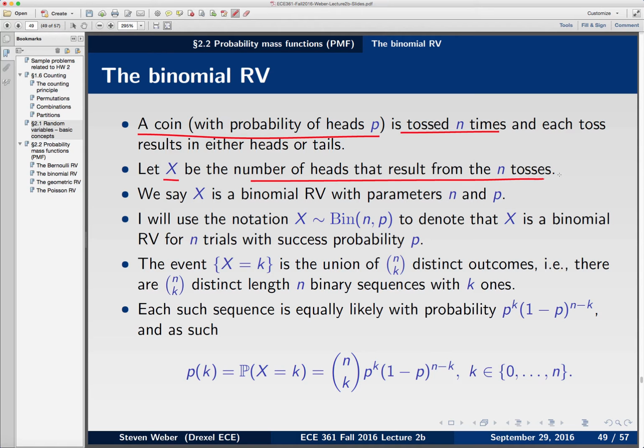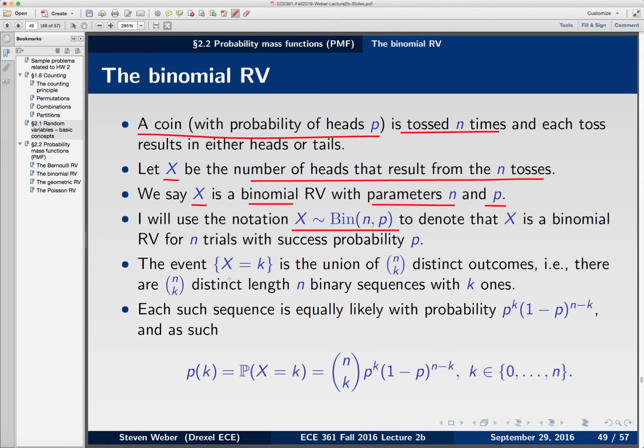And what I care about is the number of successes in those n trials. That random number of successes is going to be a binomial random variable. And we say that that random variable x is binomial with parameters n, the number of trials, and p, the probability of success in each trial. And we'll write x tilde Bin(n, p), to be read as the random variable x is distributed as a binomial random variable with parameters n and p, in particular n trials and success probability p.